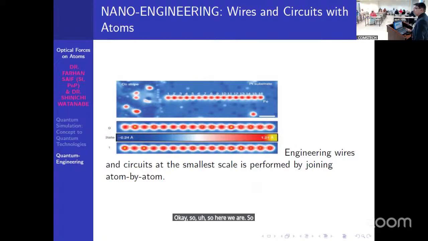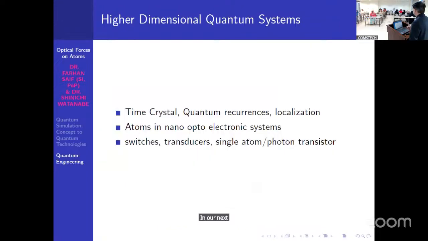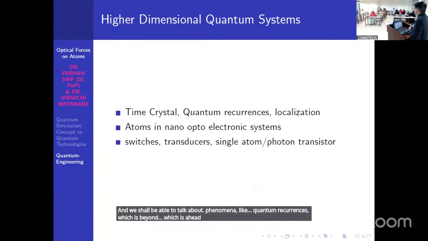Here I mentioned that in our next talk, which is tomorrow, we shall be talking about systems in higher dimensions. We shall be able to talk about phenomena like quantum recurrences, which is ahead of quantum revivals.